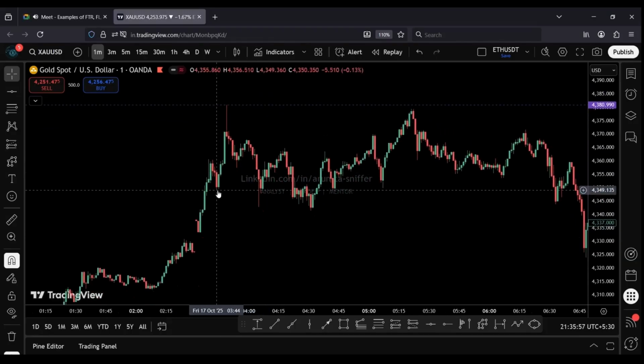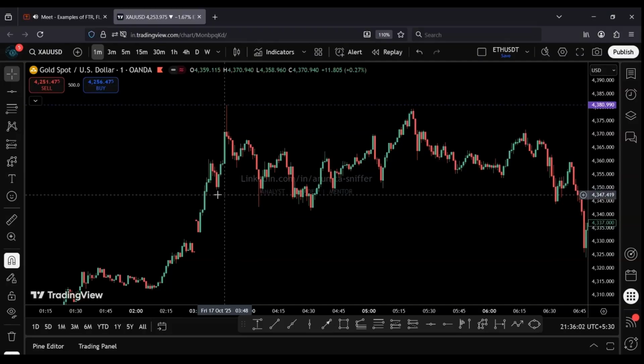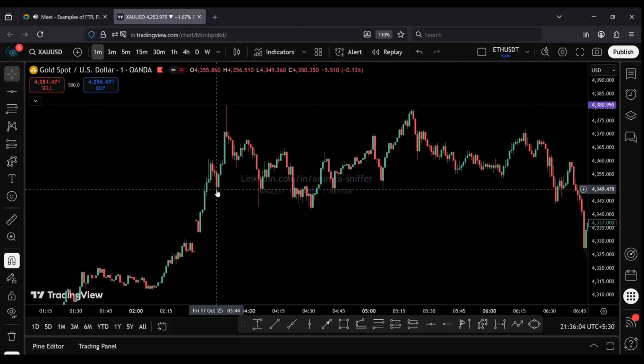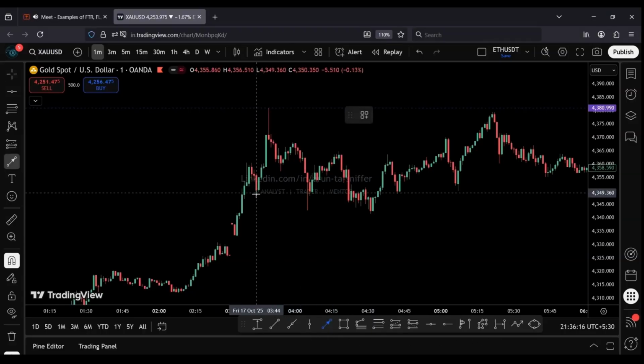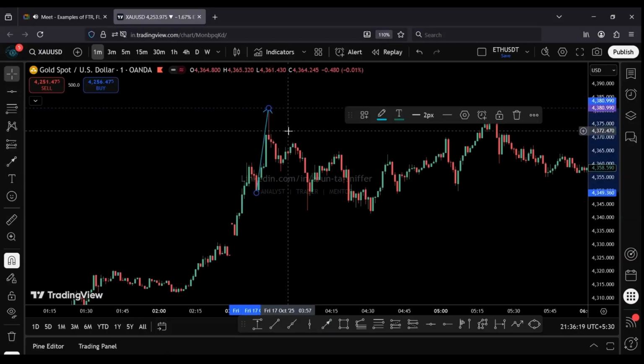From where this price goes up. If you look at this here, price goes up like this from here to here. I'm giving you a shortcut here, right? Price went up from here to here, right?